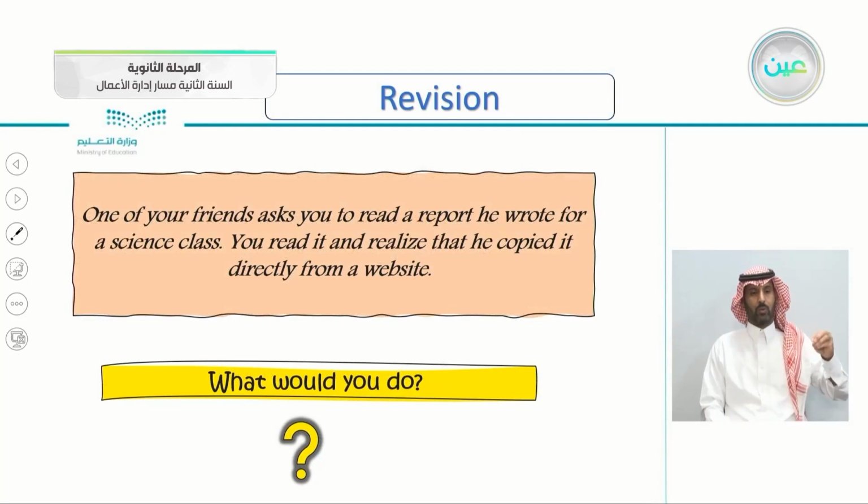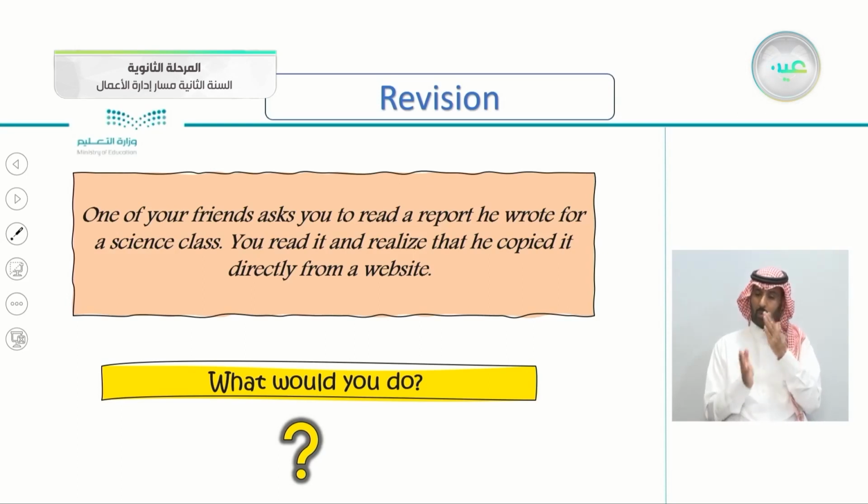If you remember in our previous lesson, the listen and discuss, we asked some questions about the theme of the unit. What would you do? One of your friends asked you to read a report he wrote for a science class. You read it and realize that he copied it directly from a website, so he didn't write it. Now you know that your friend cheated. What would you do? This is the theme of the unit.